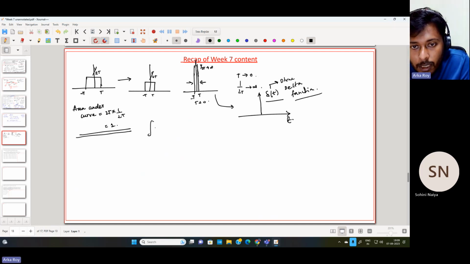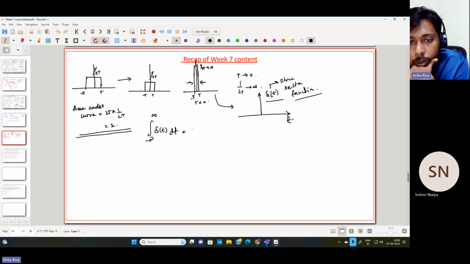And there is another relation corresponding to this delta that I have already told: delta t, if I take the integration of delta t dt, the area will still be 1 only.